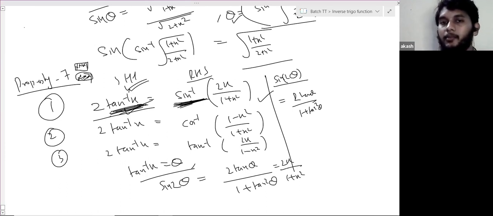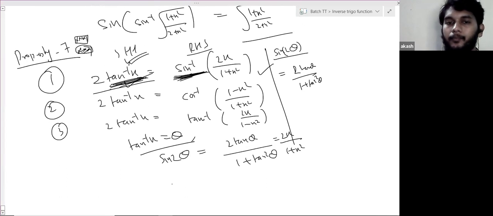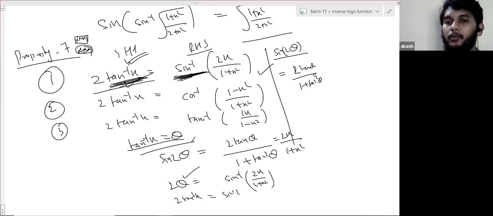Now this sine comes to that side. So 2 theta is sine inverse 2x upon 1 plus x square. Now what is theta? Tan inverse x. So 2 tan inverse x is sine inverse 2x upon 1 plus x square. This thing is clear. How to prove?